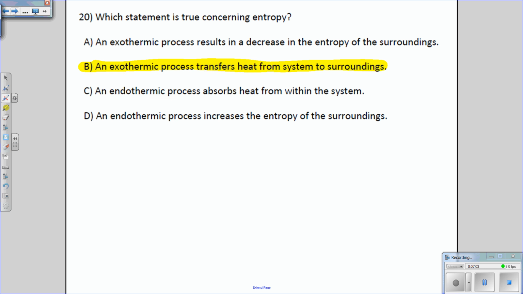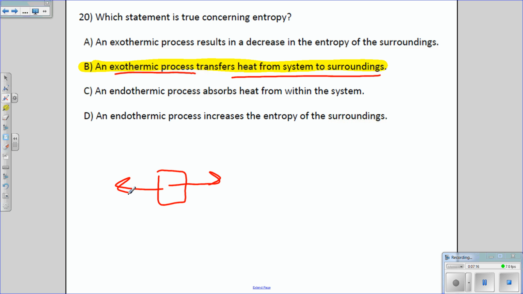Next one. Which statement is true concerning entropy? Well, if you look, an exothermic process, by definition, transfers heat from the system to the surroundings. So when we talk about the system, exothermic means that heat leaves the system. So that is true. Endothermic process absorbs heat from within the system. That's not true because the heat comes in from the surroundings into the system.